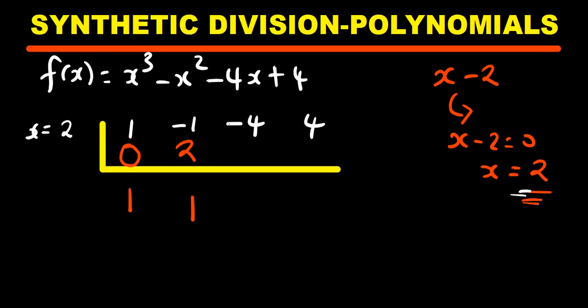Then 2 multiplied by 1 gives us 2. Then -4 plus 2 gives us -2. Then 2 multiplied by -2 gives us -4. Then 4 minus 4 gives us 0. This should always give you a 0 if it is indeed a factor.